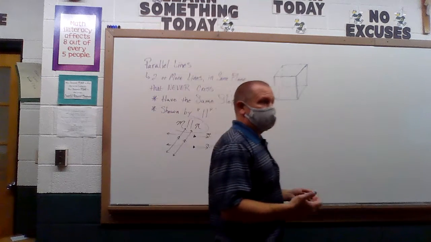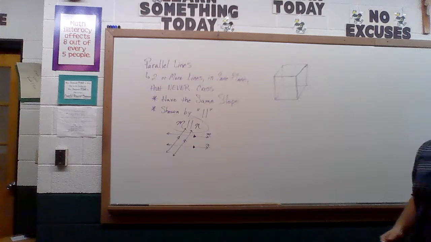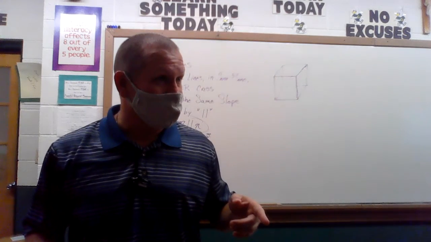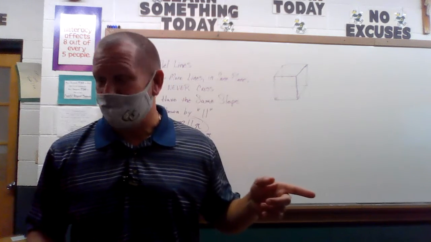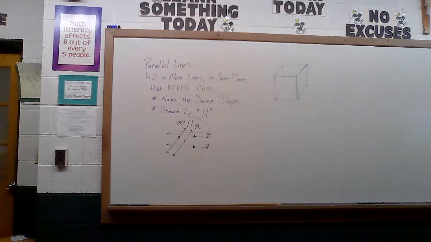So in a cube, what's special about a cube? All of the faces would be what? The same, or squares, right? Okay. Is a square a rectangle or a rectangle a square? What's more special? Squares or rectangles, because a square has specific things that have to be true about it, right?